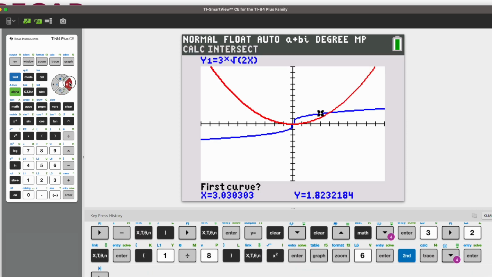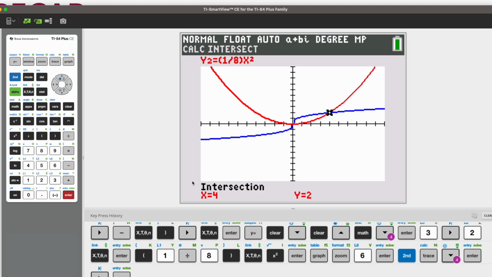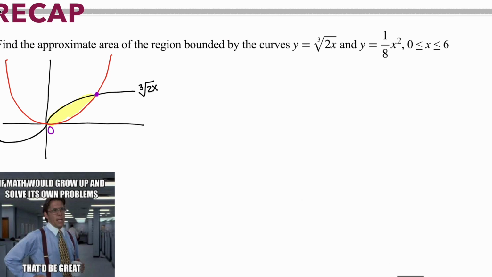So if I toggle over close enough, they actually intersect at 4. So here's the problem. This is from 0 to 4. But they want the boundary to be to 6.